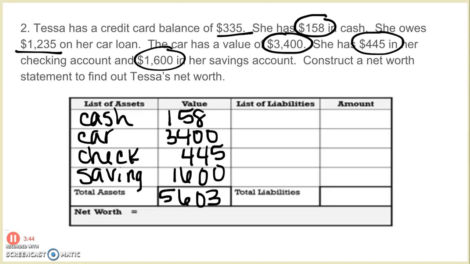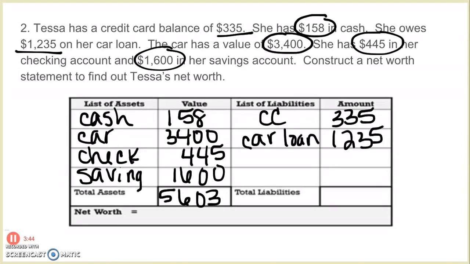And let's list our liabilities. Credit card, car loan, and that's it. Go ahead and add those up. So we should have got 1,570. Once again, net worth is our assets minus liabilities.